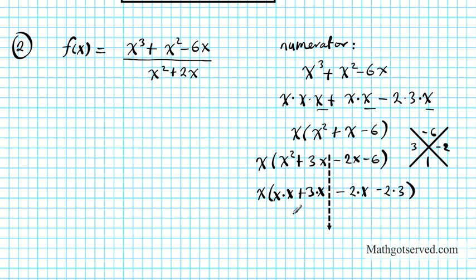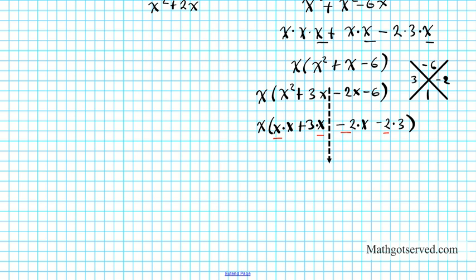Okay? Now, on the left side of the partition, I can take out an x. And on the right side of the partition, I can take out negative 2. So let's see what that looks like. If I factor that, I'll bring out this x. I'll have x times x plus 3 minus 2 times x plus 3, like that. Okay?